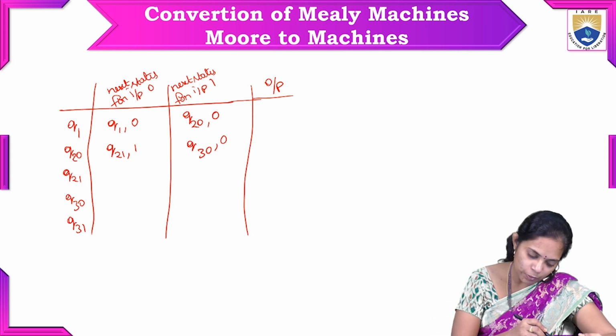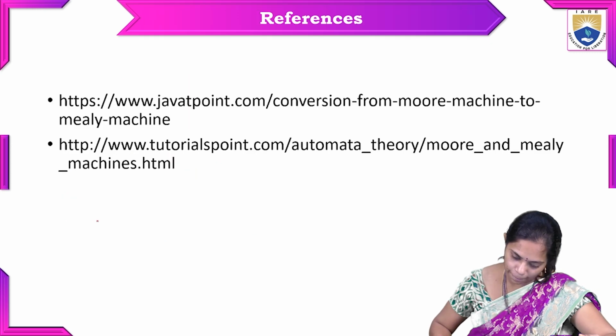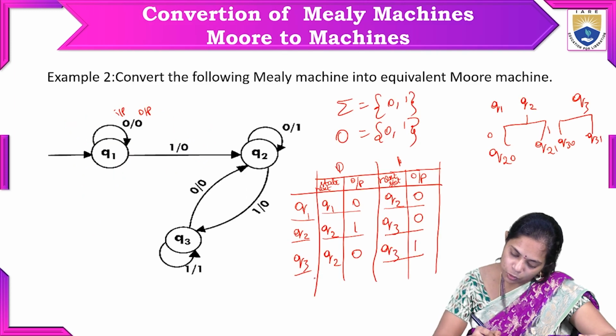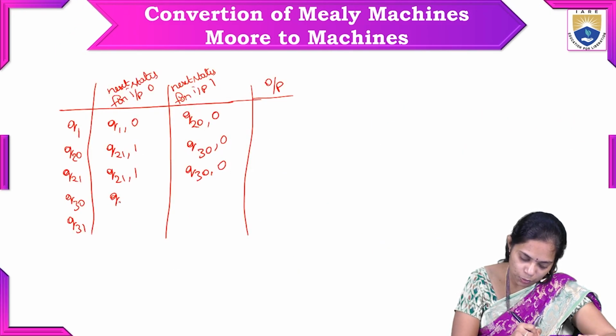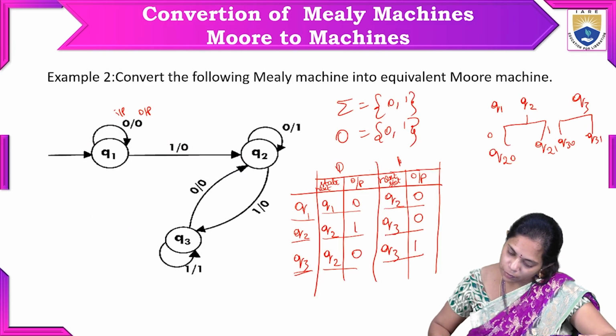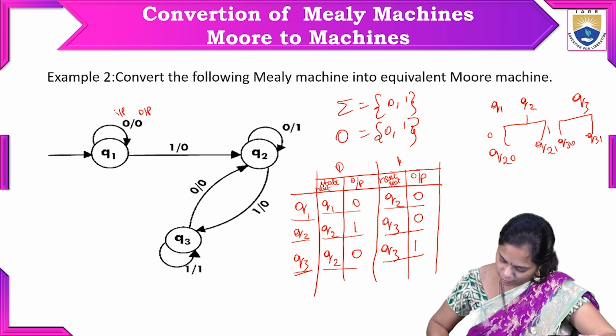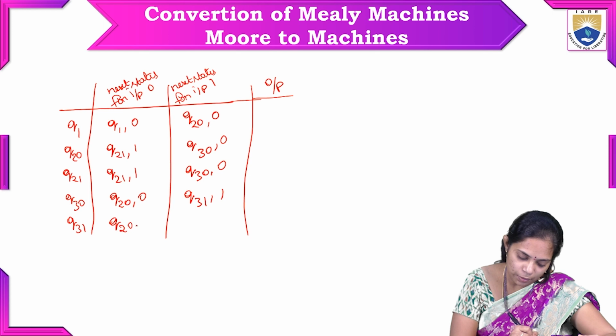And from Q2 1, the same we have to repeat. From Q3, the next states are Q2 0 and Q3 1, and the same thing we repeat for Q3 1.